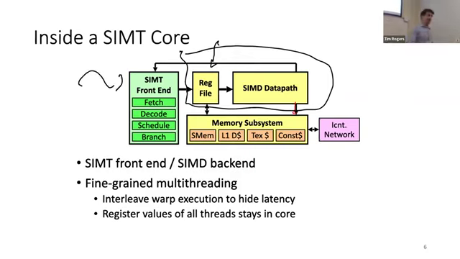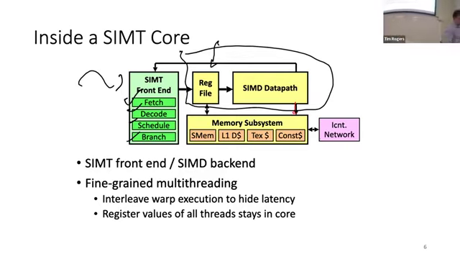Conceptually, I'm going to have a bunch of threads being programmed. For all of the threads in a warp, I'm only going to do this fetch, decode, and schedule once, and then deal with any branches that happen inside of it. So I'm going to group together all of the threads into warps of certain sizes.